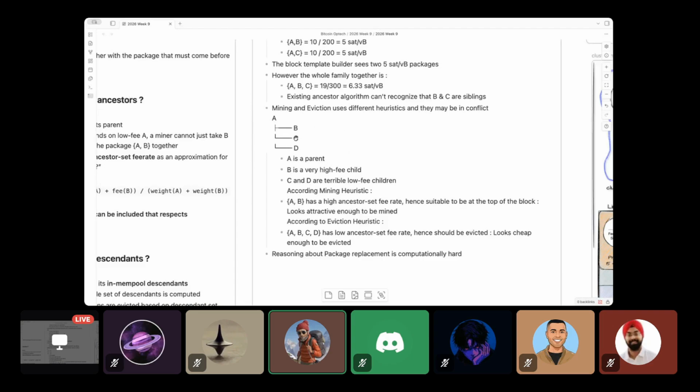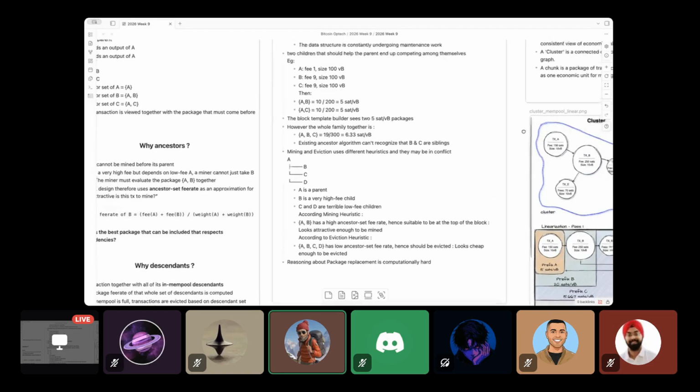Then whatever you have calculated becomes moot, and you have to recalculate this entire set. And once you recalculate, whatever sorting you had done earlier gets disturbed, and now you have to resort the entire package. Of course, these things happen in milliseconds, but it is still computationally not an efficient way to go about it.